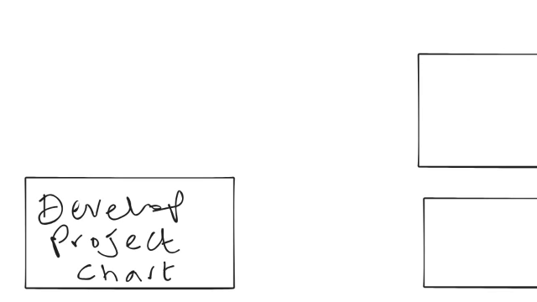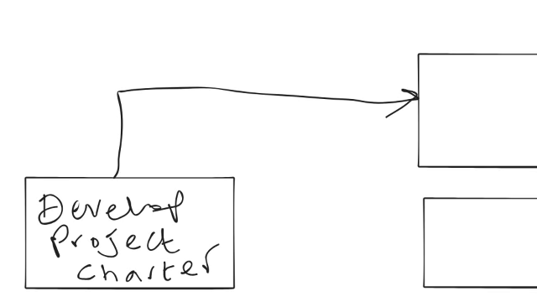Now, let's explore what exactly happens here. In Develop Project Charter, we see that there is going to be an output called the project charter.